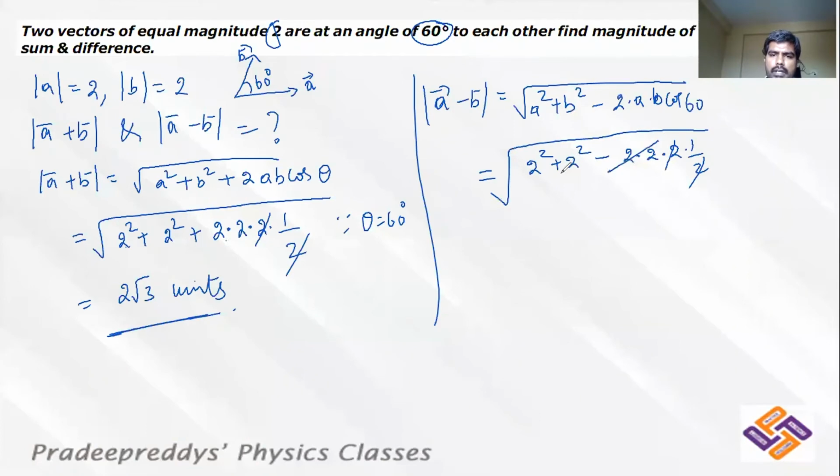This 2 square gets cancelled. The leftover is root 2 whole square. This is equal to 2. So magnitude of A minus B is equal to 2. Magnitude of A plus B is equal to 2 root 3 units. Remember, when you are adding and subtracting vectors, you need to do it by the parallelogram law of vectors.